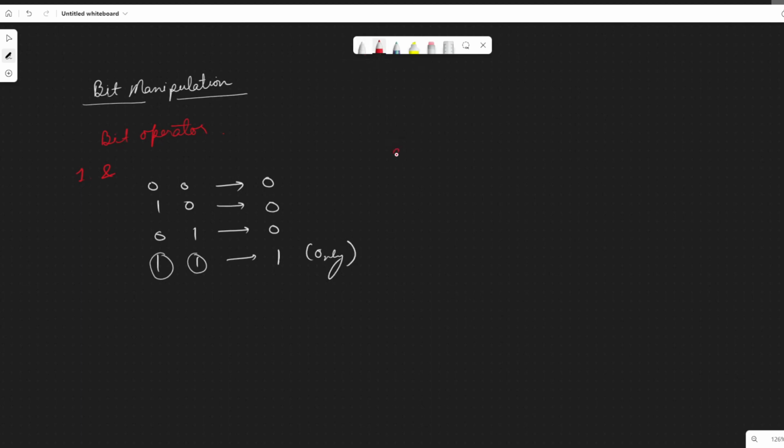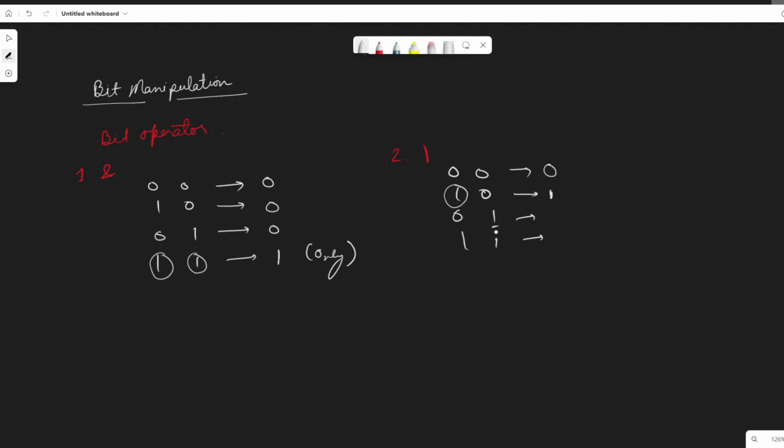The second bitwise operator is OR. In OR, again we take the same example, 0 1 1 1. If both the bits are 0, then it gives 0. If one of the bits is 1, no matter how many zeros the other bits have, it gives 1.